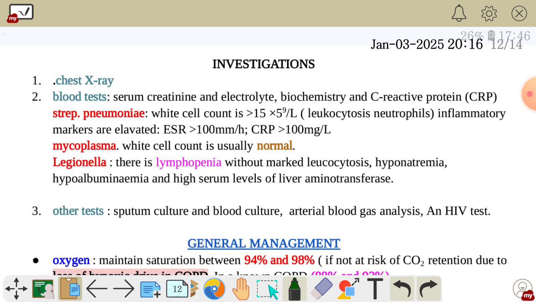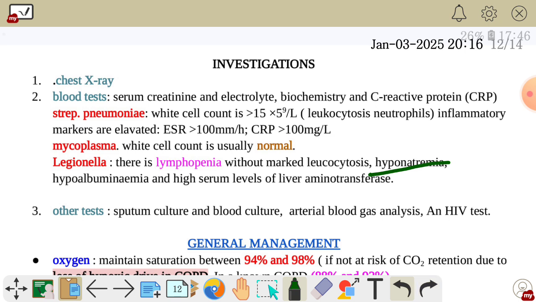So if the chest x-ray suggests pneumonia and the blood count shows that the white cell count is normal, then the etiological agent will be mycoplasma. For Legionella, there will be lymphopenia without marked leukocytosis, meaning the neutrophil numbers won't increase.